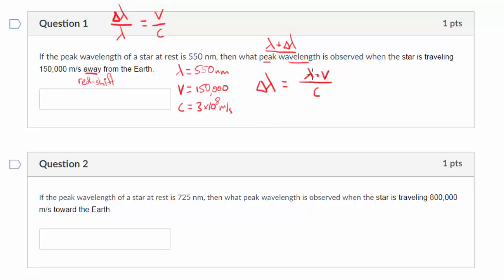We're treating it as though it's a single symbol, the change in wavelength. Well, I have these three values. I know what lambda is, I know what V is, and I know what C is. So I can just plug these in, right? And I can leave it in nanometers even, because that's just going to give me the change in wavelength in nanometers. So 550 times 150,000 divided by 3 times 10 to the 8.